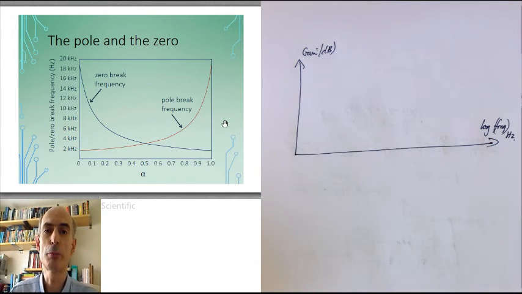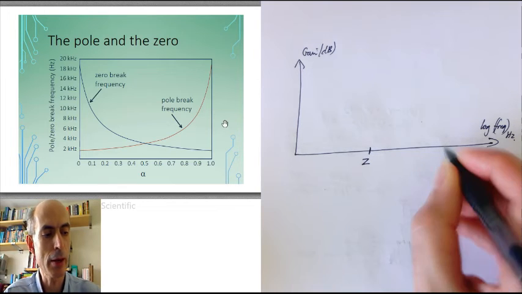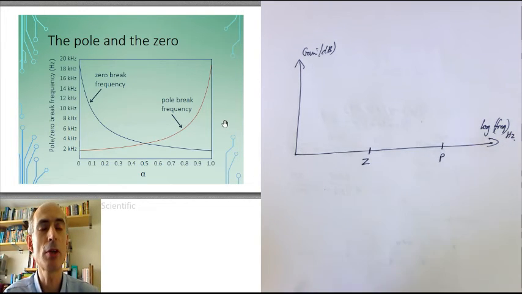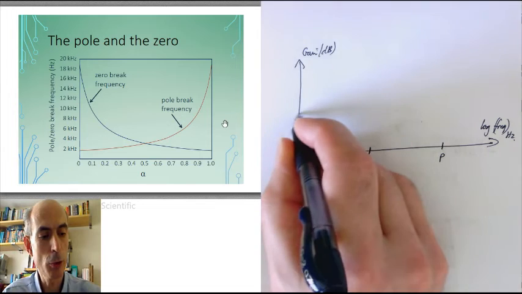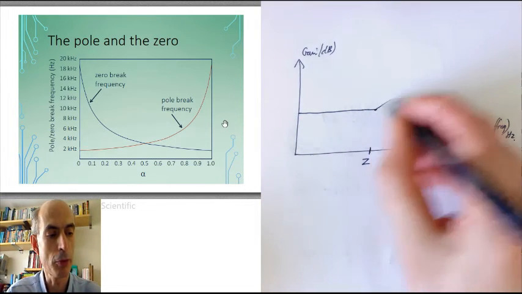Now what the Bode approximation has shown us is that a 0 will tend to increase the slope of the amplitude response by 20 dB per decade, and a pole will tend to decrease the slope by the same amount. So if we have a 0, which is, say, at that point there, and a pole at this point here, then we would expect the Bode approximation of the amplitude response to do something like this.